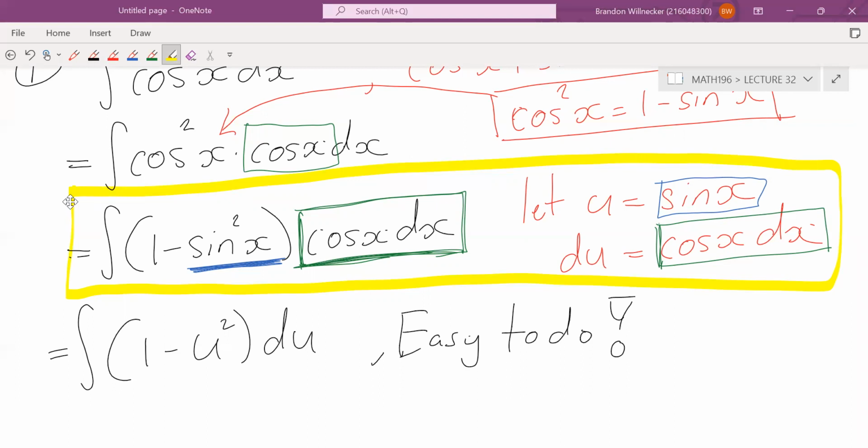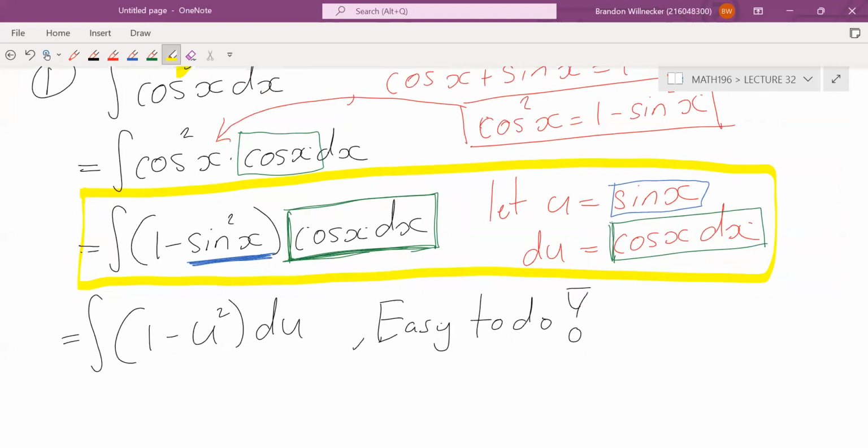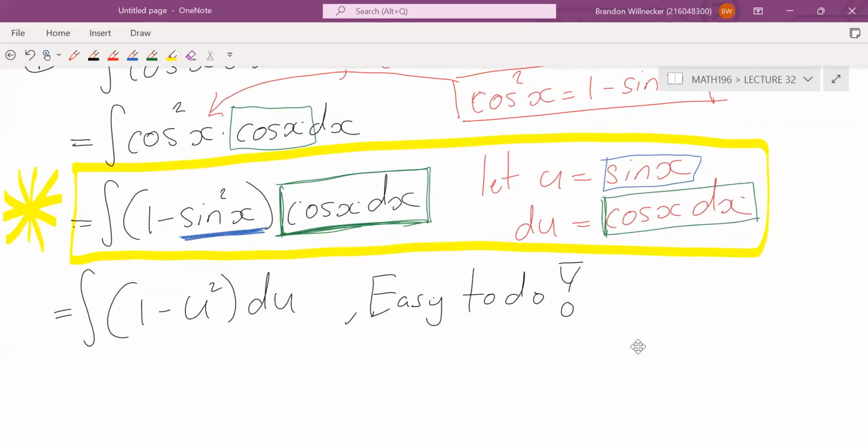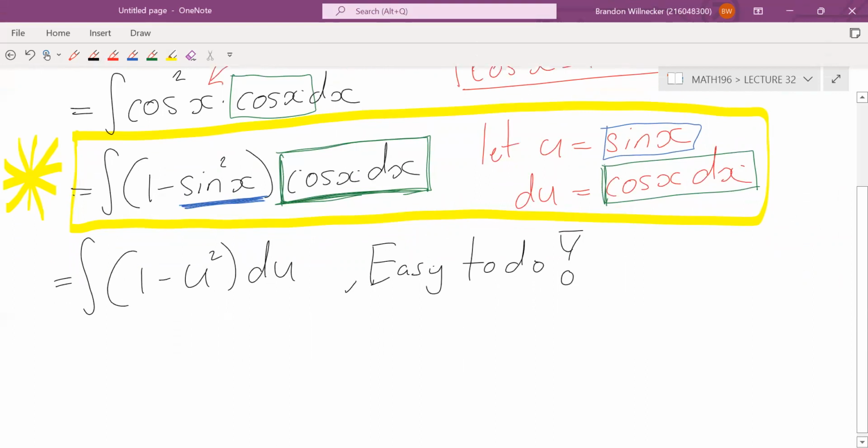Once you've made the u substitution, then it becomes very easy to do. Okay, so let's put a big star over here. This is the main idea of trig integrals, is to do this part. Okay, if you can handle that, the rest is just power rules and stuff like that.